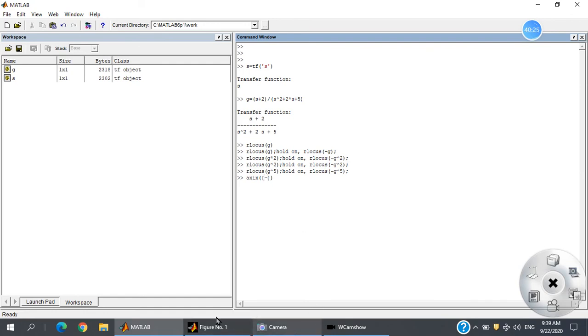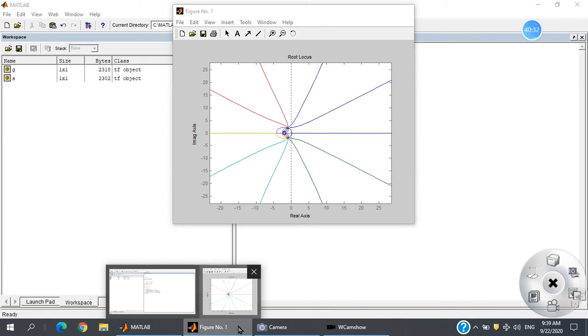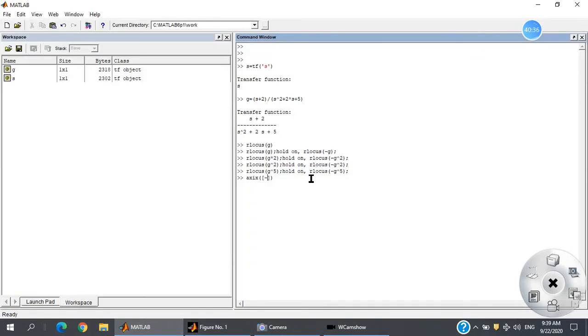I forgot. Just negative 8 to positive 1. All right. Negative 8 to positive 1. This is for x, and y from negative 6 to positive 6. X, sorry. S.